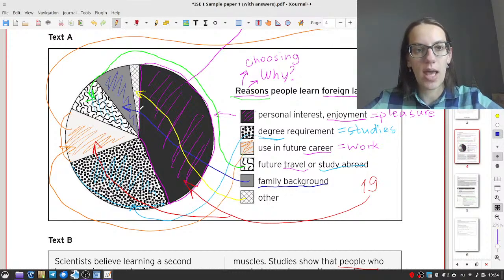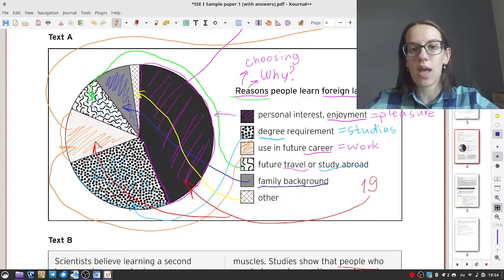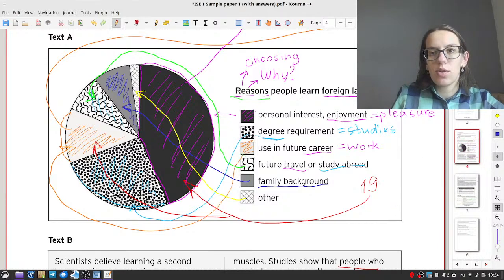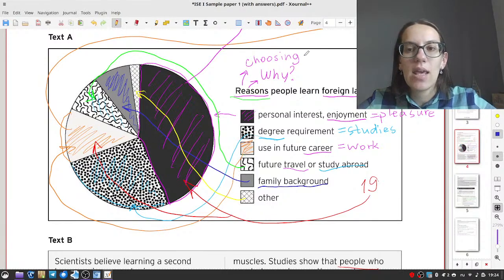Well, if you look at the light blue parts, of course, the light blue parts are bigger. So a lot more people need to learn a language because of their studies than for their family. So this question is true. And maybe it's a good idea to also mark that questions 21 and 22 are in this part, in text A.